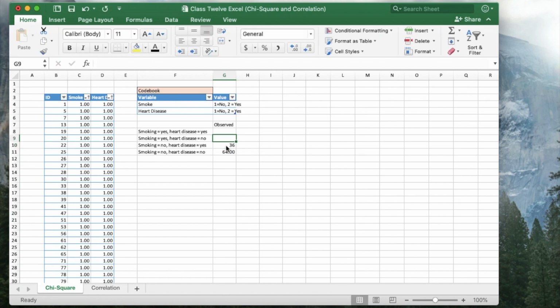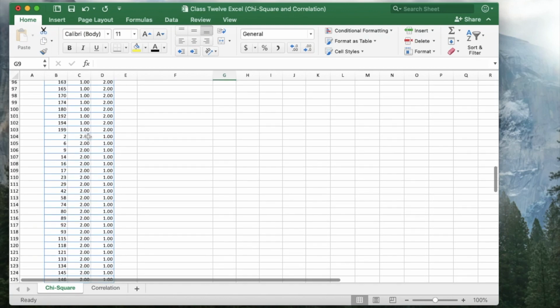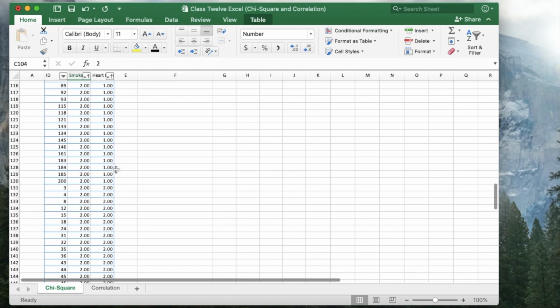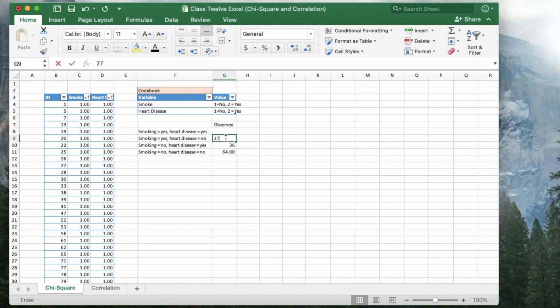And then we go through and do this for all the people that indicated they smoke but did not have heart disease. So all the 2 ones. So 2 ones begins here on 104 and ends on 131. So here we have 27 cases. And then lastly, we want to indicate the people that had a 2 for both.